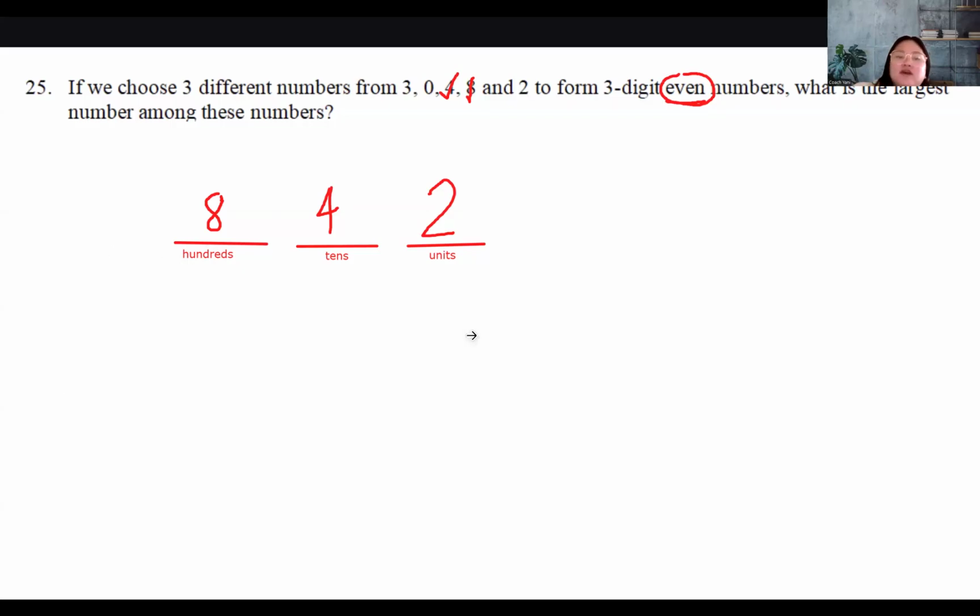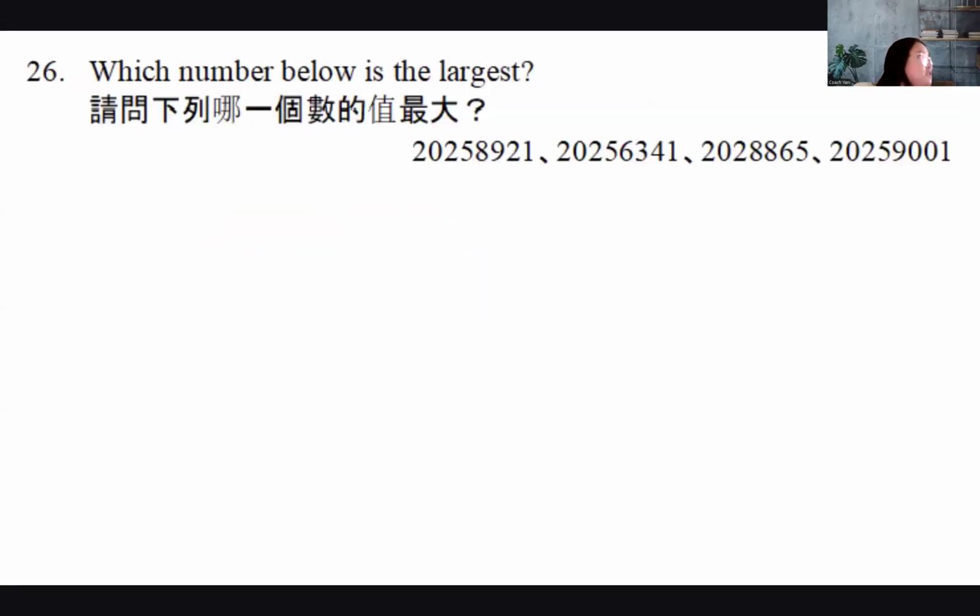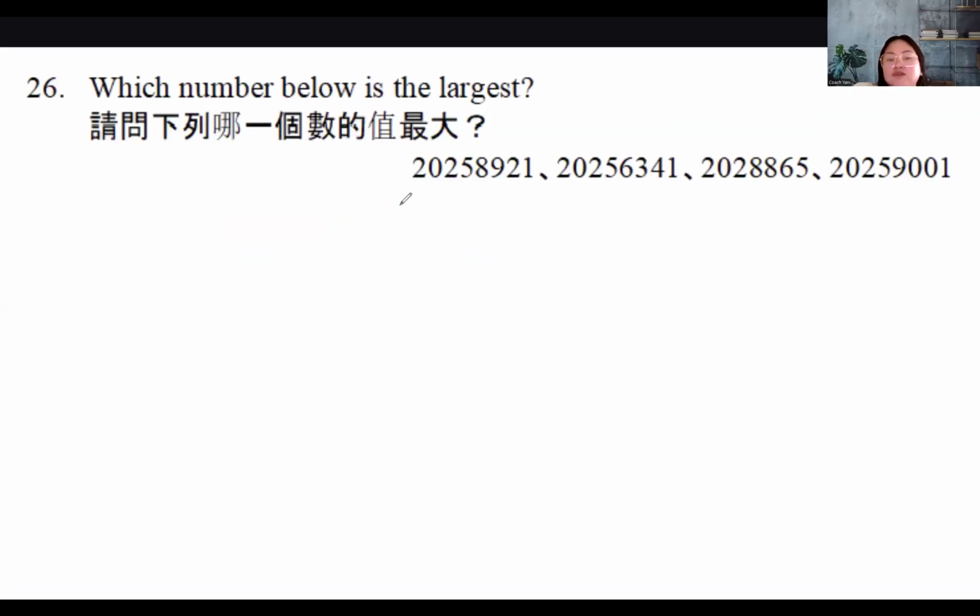Number 26. Which number below is the largest? So the very first thing that you need to do here is to count all the digits in each of the numbers. So this number, this is 8 digits. This number, this is 8 digits. This number is 7 digits. And this number is 8 digits.